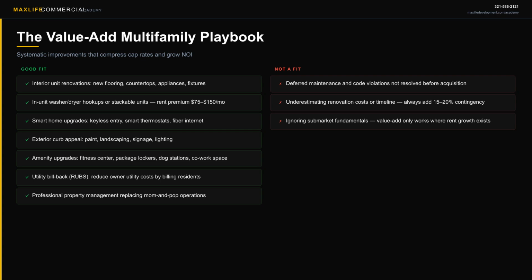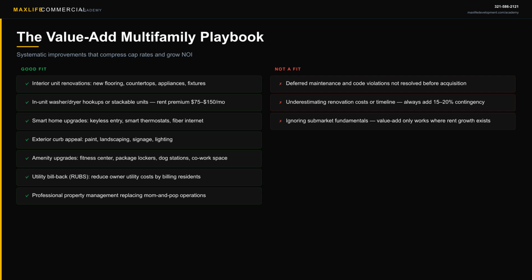Interior unit renovations are the most direct rent driver. New LVP flooring, granite or quartz countertops, stainless appliances, and updated fixtures typically justify rent increases of $100 to $250 per month per unit in most Central Florida markets.